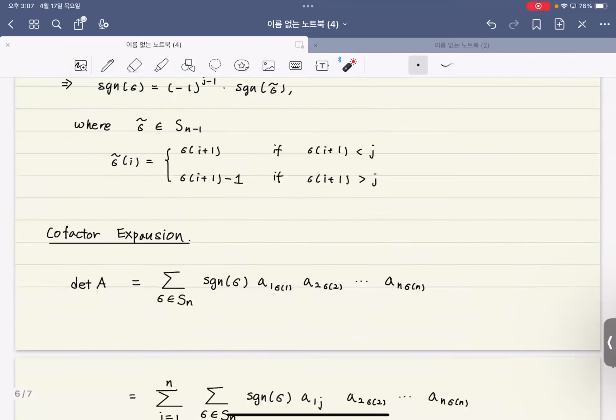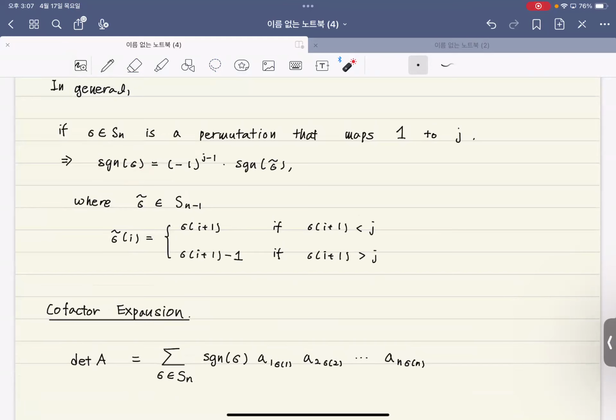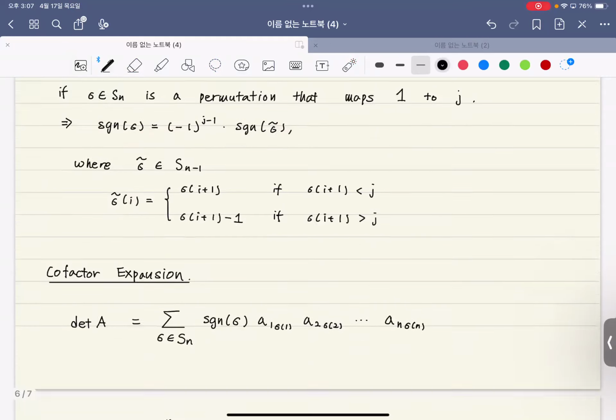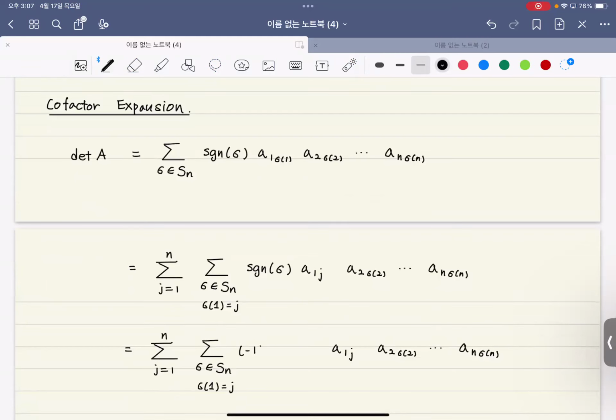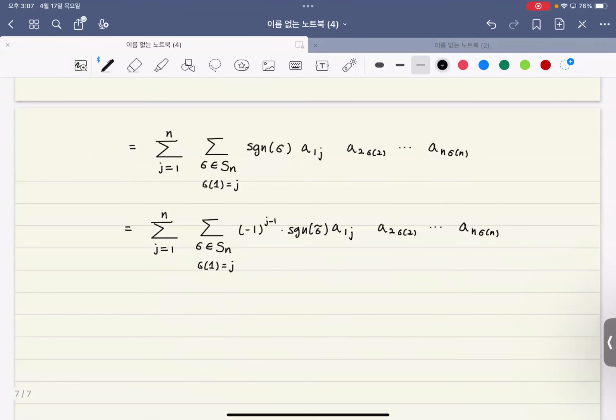Now, I am replacing the sign of sigma by the sign of this: minus 1 to the j minus 1 times the sign of sigma tilde. So I'm going to move minus 1 to the j minus 1 and a1j out of this parenthesis.